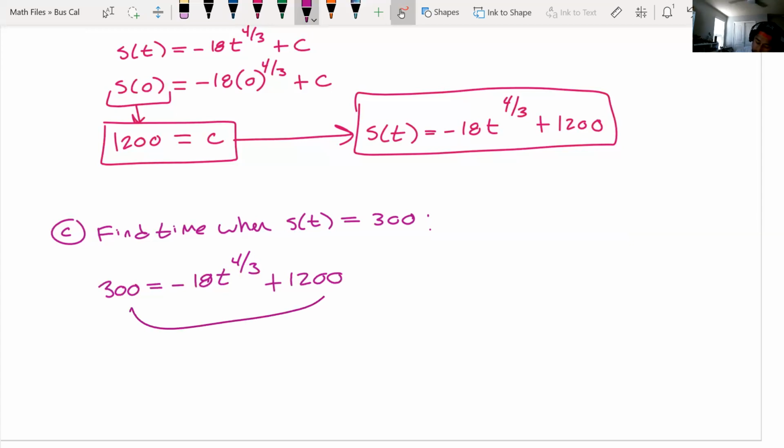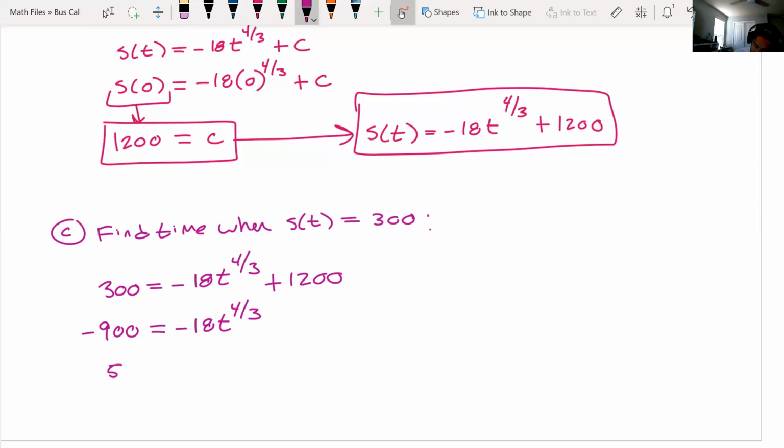Move that 1200 to the left, and we're going to get negative 900 equals negative 18 t to the 4/3. And then divide by 18. Hey, that's a nice number.